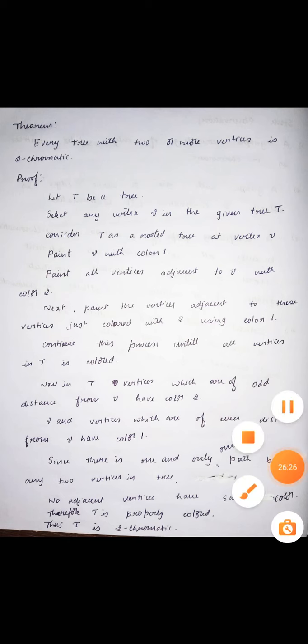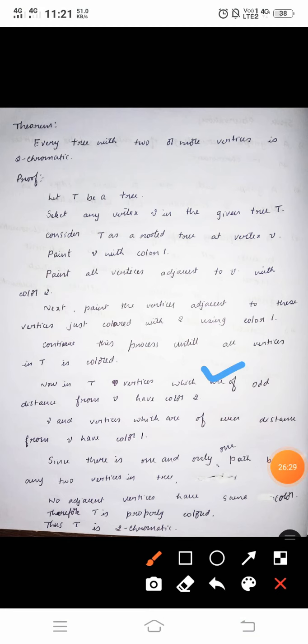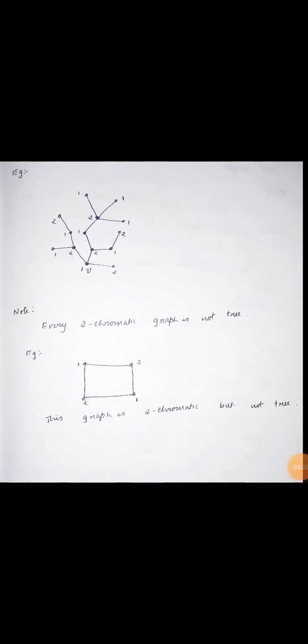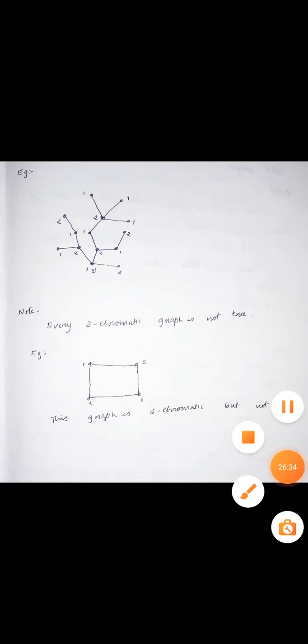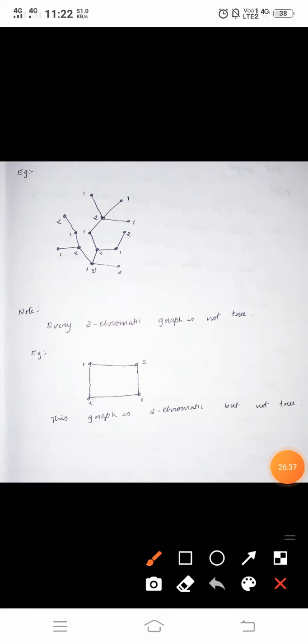V ಇಂದ ಆಡ್ ಡಿಸ್ಟೆನ್ಸ್ ಅಲ್ಲಿ ಯಾವುದೆಲ್ಲ ಇದೆ ಅದಕ್ಕೆ ಕಲರ್ 2 ಇರ್ತದೆ. ಇವನ್ ಡಿಸ್ಟೆನ್ಸ್ ಅಲ್ಲಿ ಯಾವುದು ವರ್ಟಿಸಸ್ ಇರ್ತದೆ ಅದಕ್ಕೆ ಕಲರ್ 1 ಇರ್ತದೆ. What is the distance?